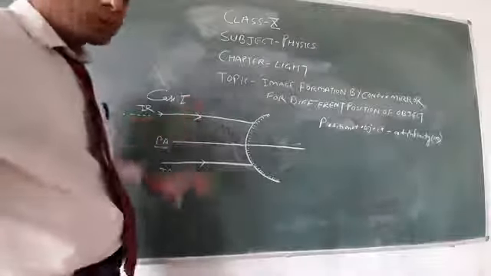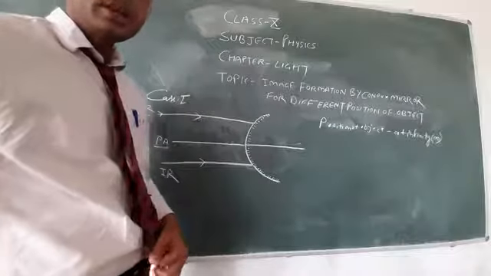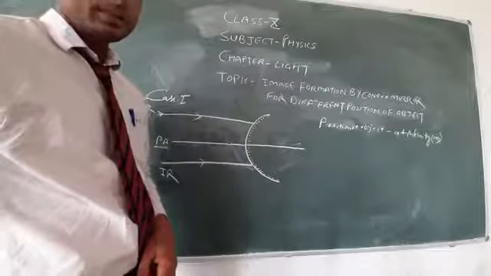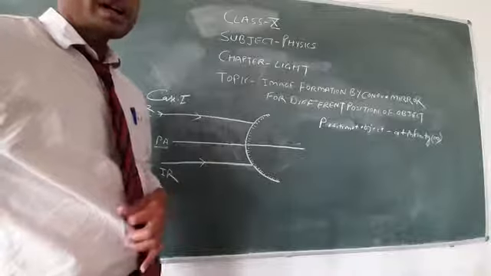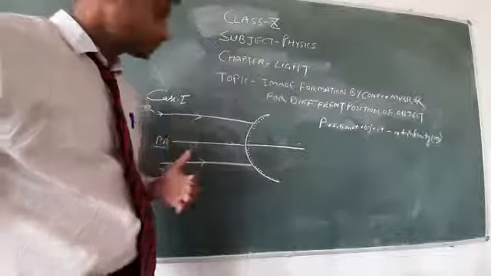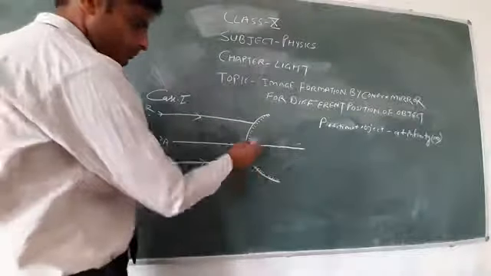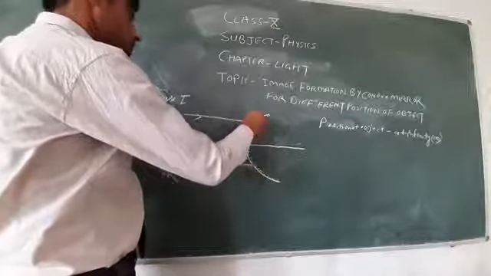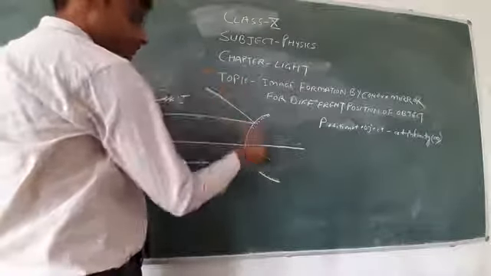As you know, a convex mirror is a diverging mirror. It means it diverges the rays of light. So divergence will take place.